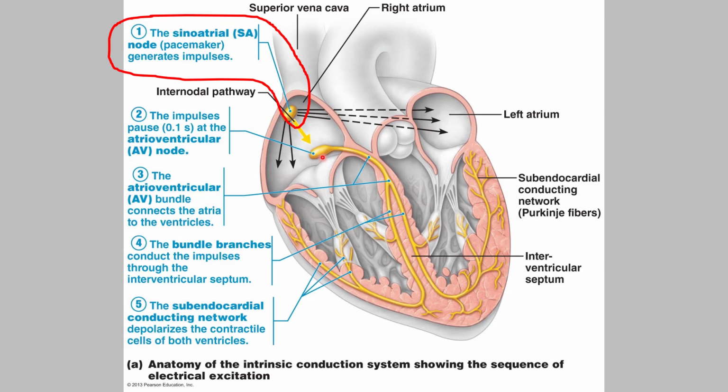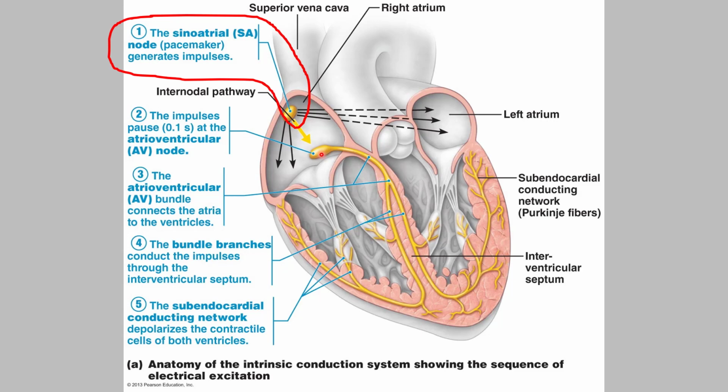Another name for them is autorhythmicity cells, and that tells us what they do. These cells do not contract and relax. These cells generate electricity. Now, they are very similar to nerve cells, but they are not. They are cardiac muscle cells.